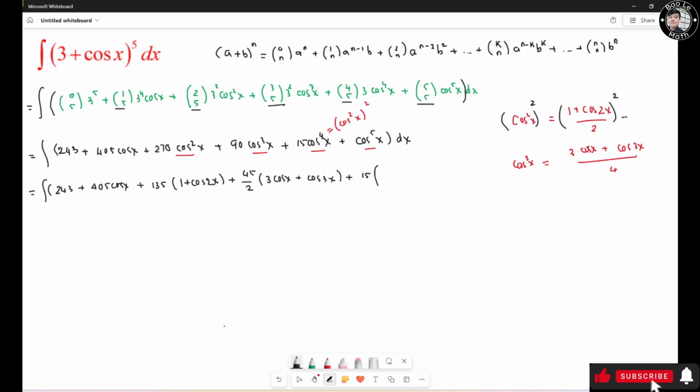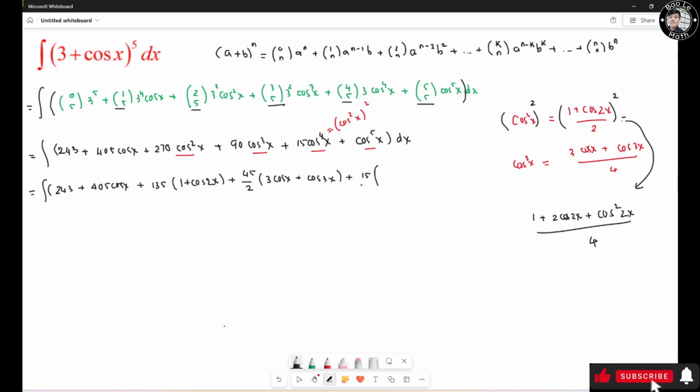So it's going to be 1 plus 2 cosine 2x plus cosine squared 2x, and then over 4, right?